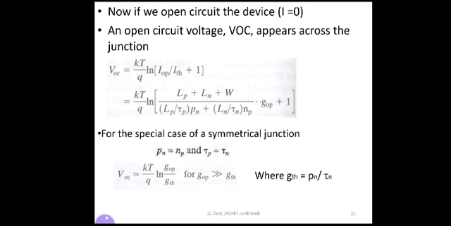Here Ln and Lp are nothing but the diffusion lengths, and tau p and tau n are the recombination lifetimes for holes and electrons. Pn and Np are the equilibrium concentrations of holes and electrons in N and P type material, and GOP is the rate of generation.